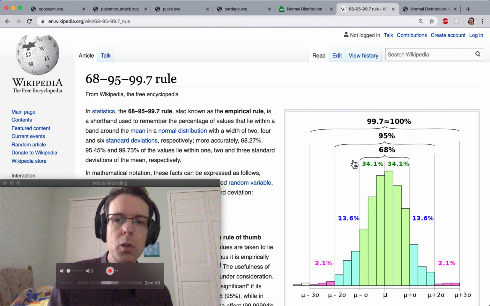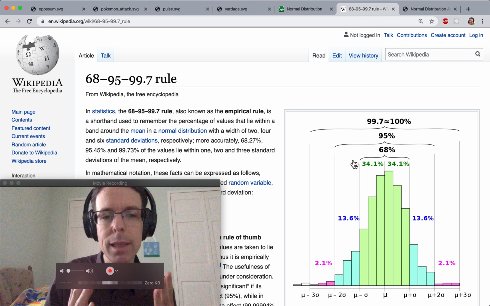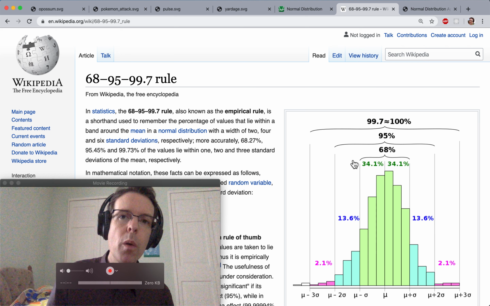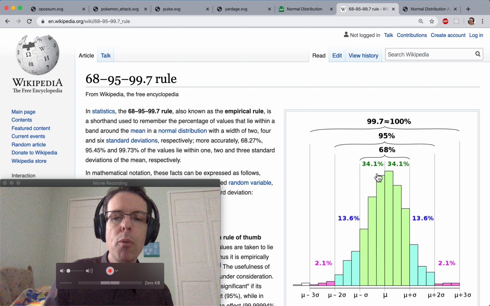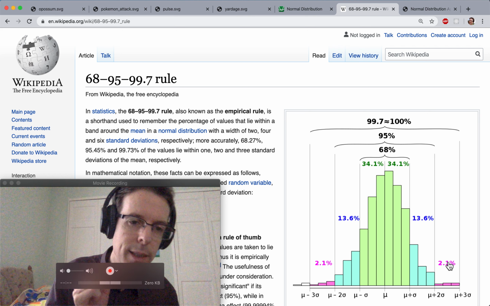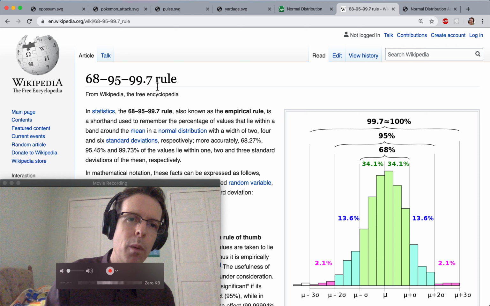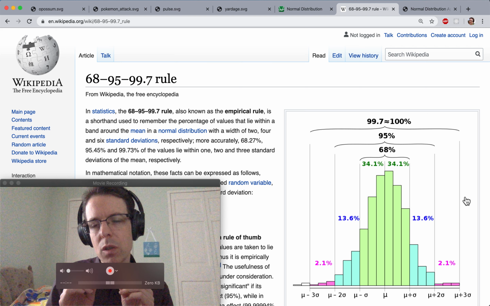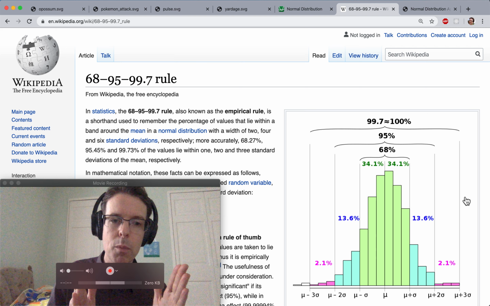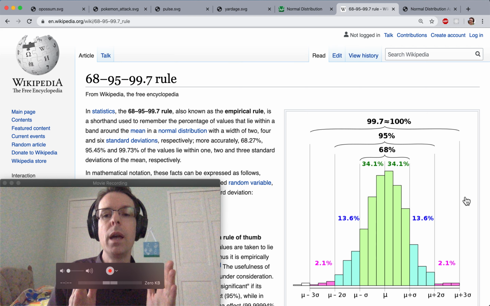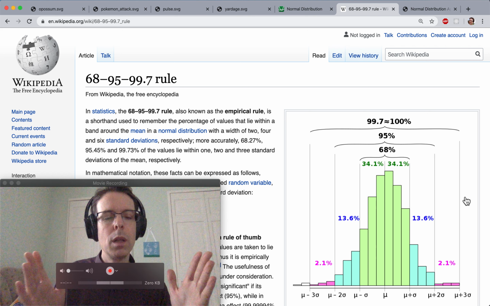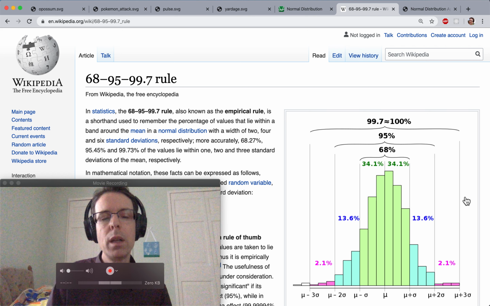Another thing that's special about the normal distribution is it's the distribution which exactly matches this rule we've called the empirical rule or the 68, 95, 99.7 rule. For the normal distribution, these approximations that we've talked about in the past are exactly true, exactly up to the rounding. These numbers are slightly rounded off. So for the normal distribution, exactly 68% of the data will necessarily lie within exactly 1 standard deviation of the mean, and exactly 95% will lie within 2 standard deviations of the mean, and 99.7% will lie within 3 standard deviations of the mean.